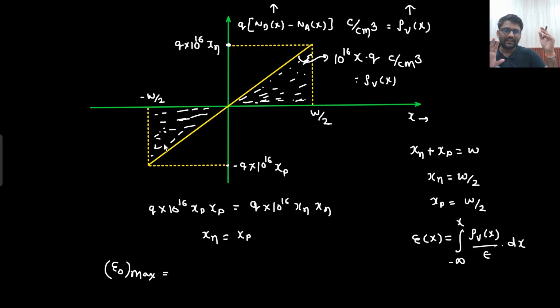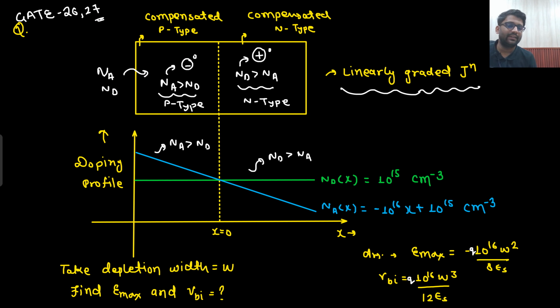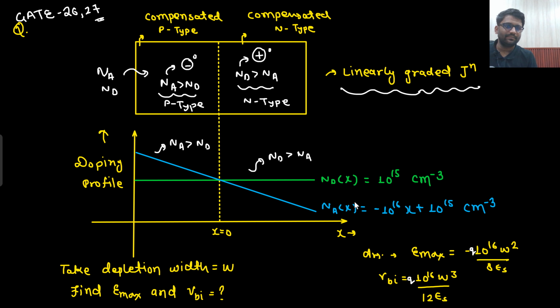So this one is known as an abrupt or step graded junction, and the other, where there is linear change, is known as a linearly graded junction.